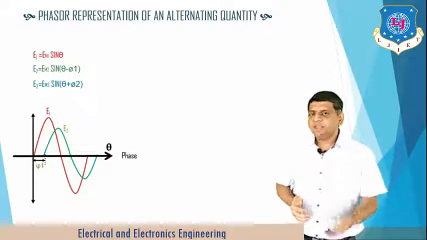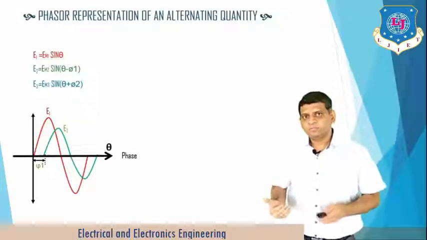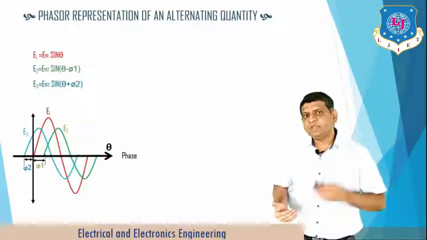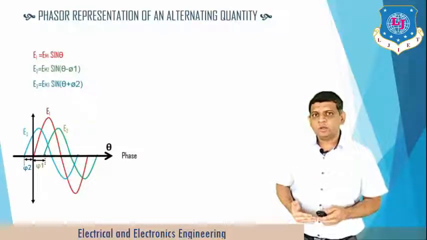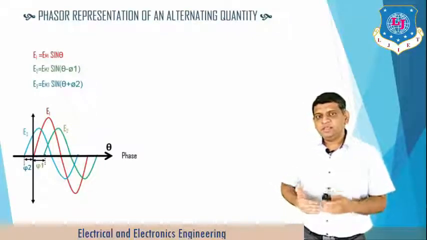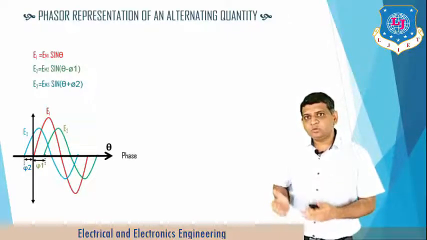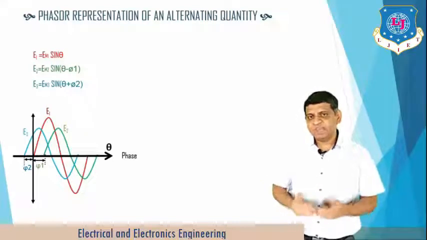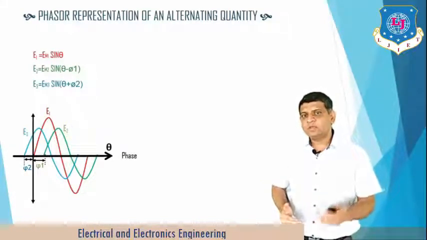In the same way, e3 starts early, before the angle 0, at the angle phi 2. So I can say e2 is lagging by angle phi 1 with respect to reference 0. In the same way, e3 is leading by the angle phi 2 with respect to angle 0.